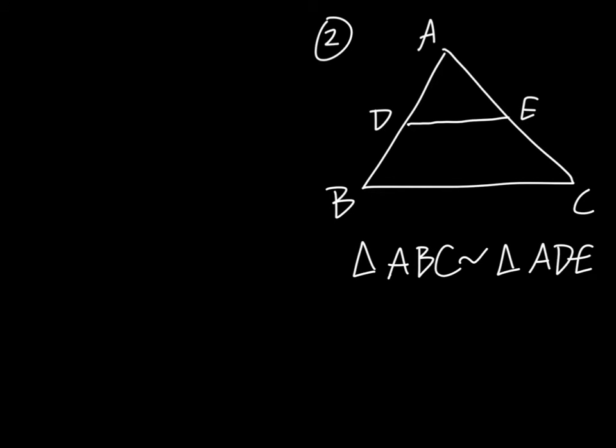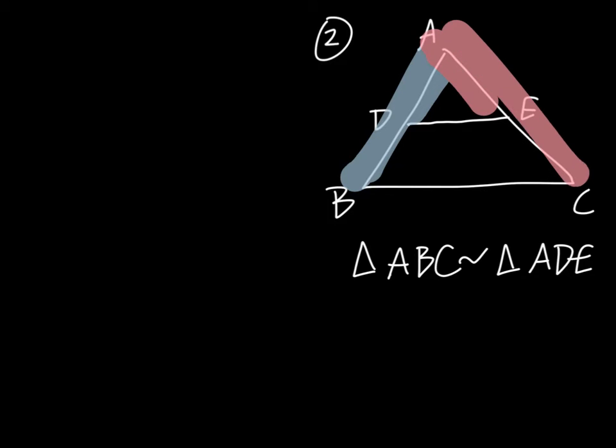Alright, so another example. So we're given triangle ABC is similar to triangle ADE. So that means that side AB corresponds to side AD, and AE would correspond to AC, and so on.